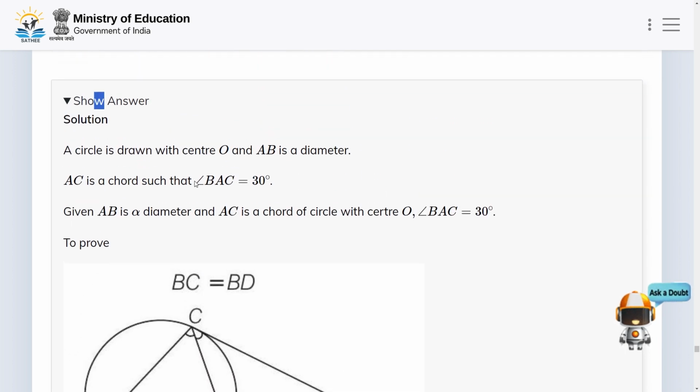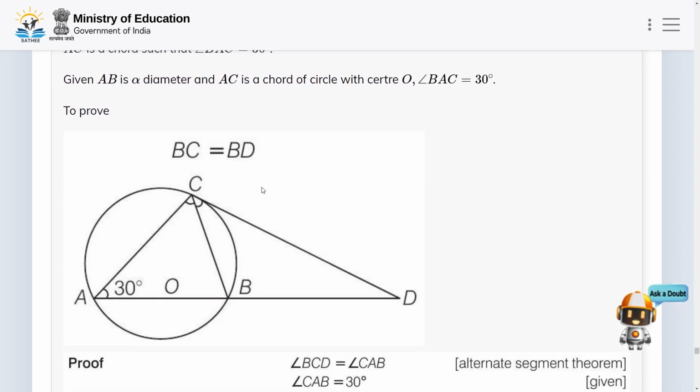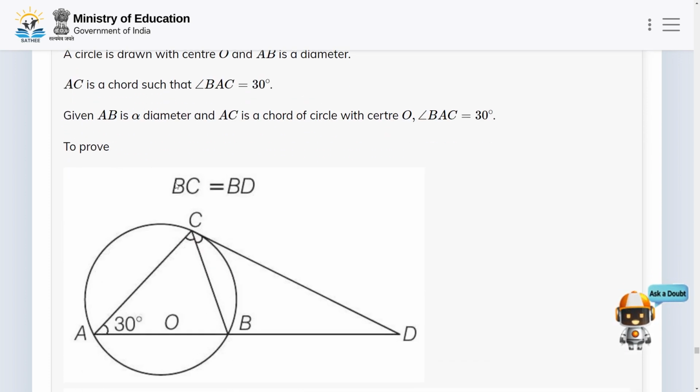Here a circle is drawn with center O and AB is a diameter. AC is a chord such that angle BAC is 30 degrees, and we have to prove that BC is equal to BD.